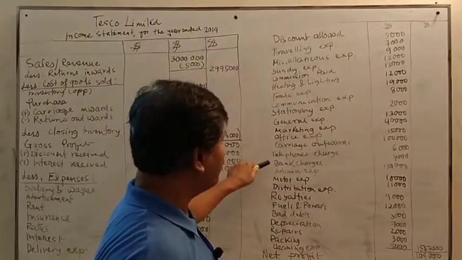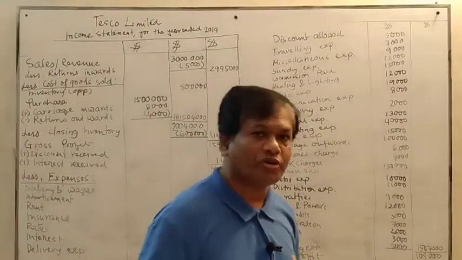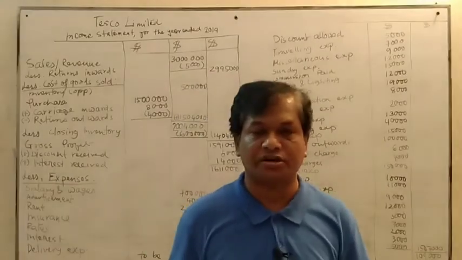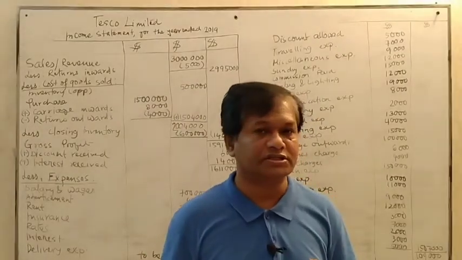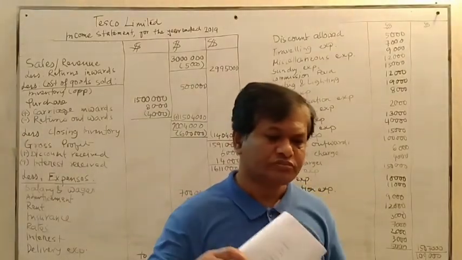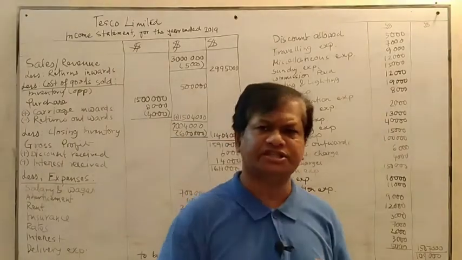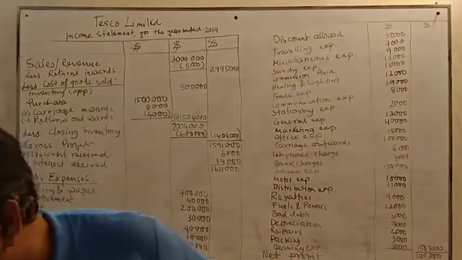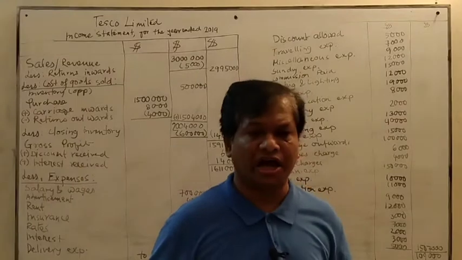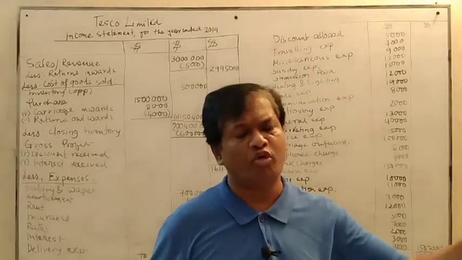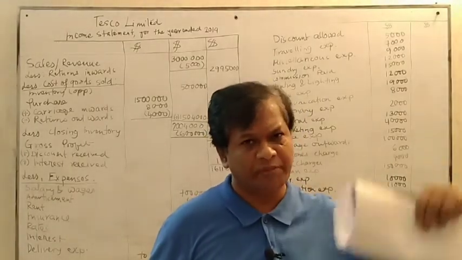Telephone charges, bank charges. Bank charges is one of the important expenses for the business. What is bank charges? Maybe every day a lot of transactions are taking place in the business, and out of those transactions the business may earn more money or cash is coming to the business.